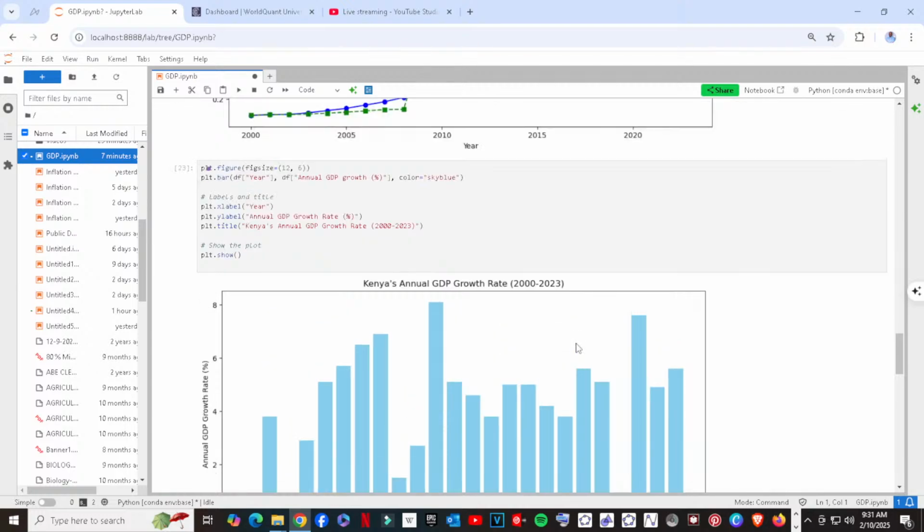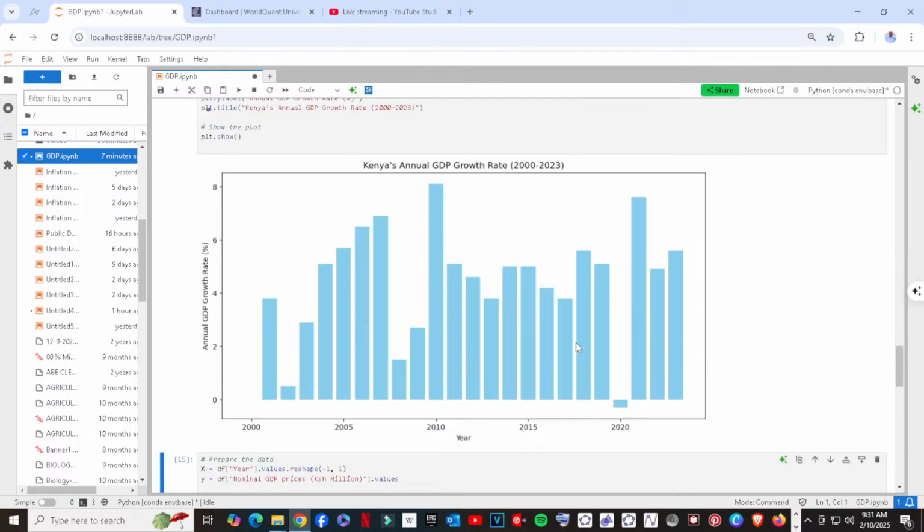And we see that this is giving us Kenya's annual GDP growth rate from 2000 up to about 2023. And probably we see a high GDP growth rate in 2010. Probably that's the highest, at about 8.